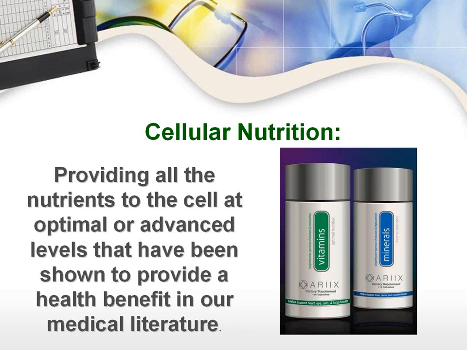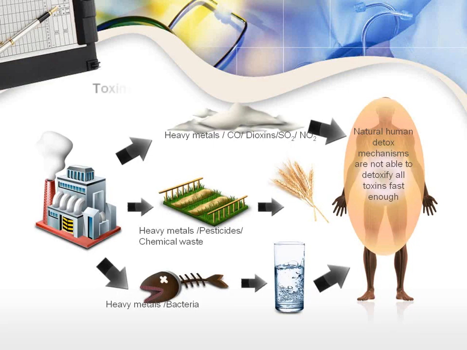So over time of taking cellular nutrition or the optimals, you're literally building up the body's natural defense systems, the natural antioxidant defense system, the natural immune system, and the natural repair system.